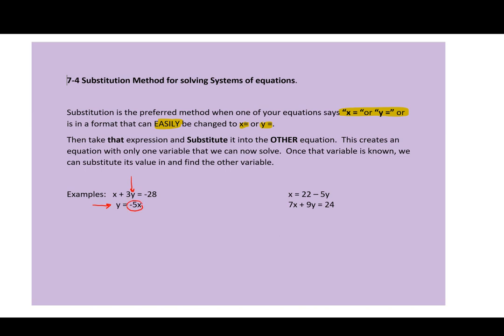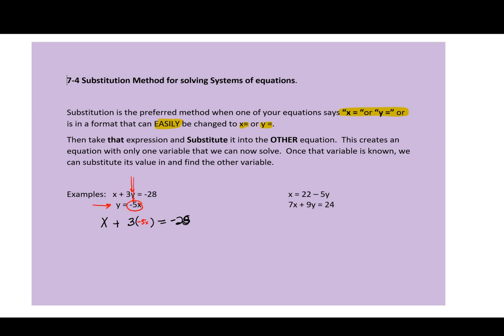We're going to take this and put it in there for y. This is what it's going to look like: x plus 3 times something equals negative 28. And in that blank, where the y was, I'm going to put the negative 5x, making a substitution.